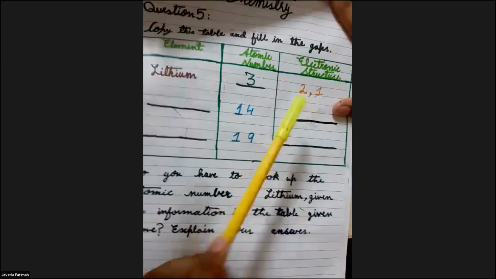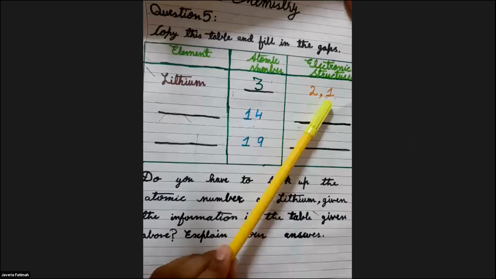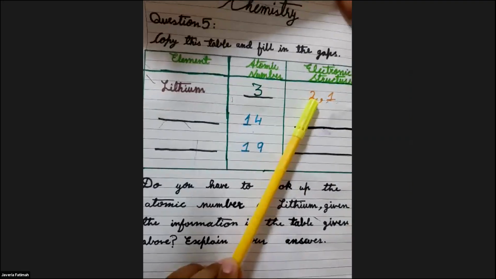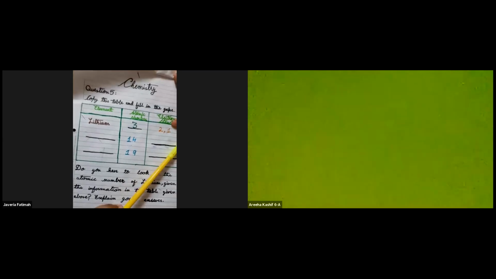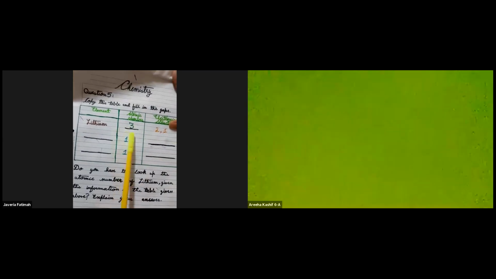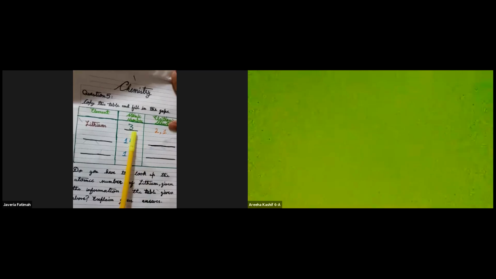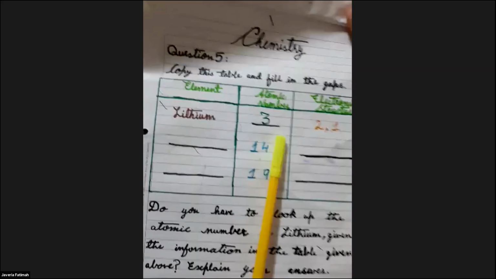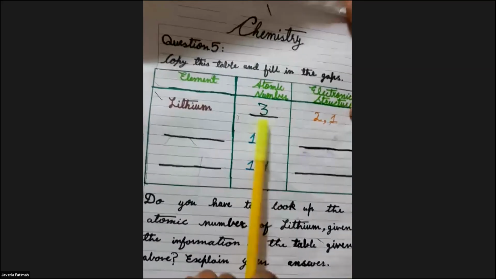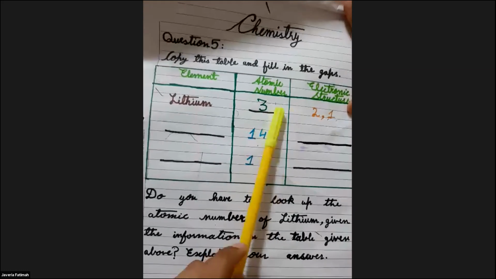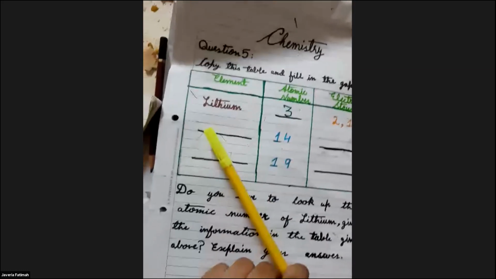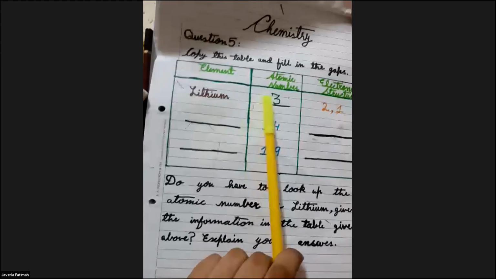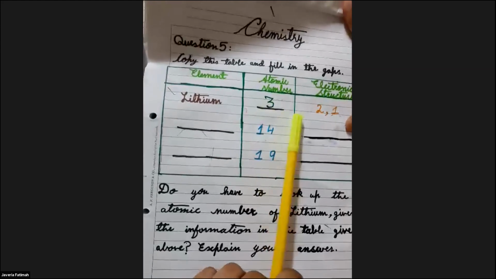Javeria is solving question number 5, the end of chapter questions for the second chapter. For the third chapter, which chapter is this? It's on page 38, atomic structure. So Javeria, how did you write 3?